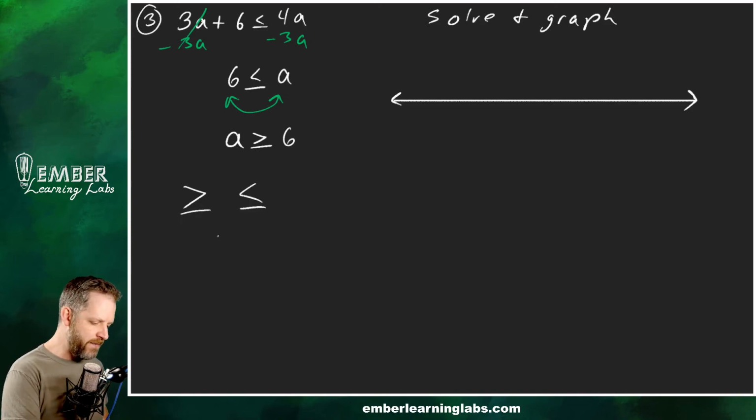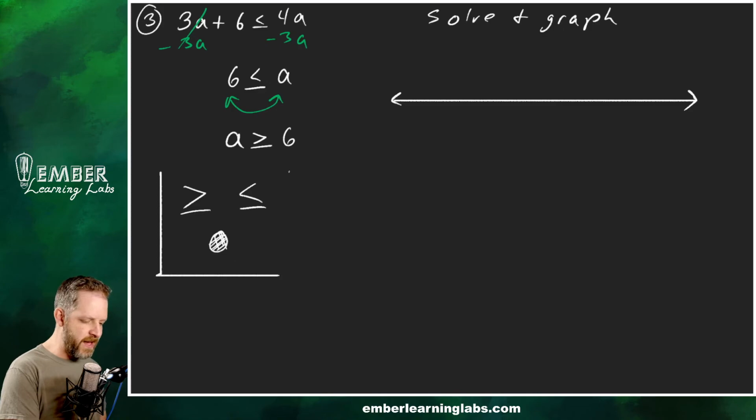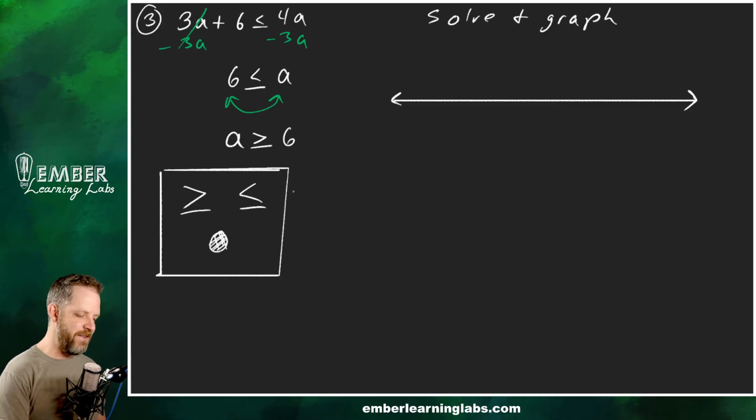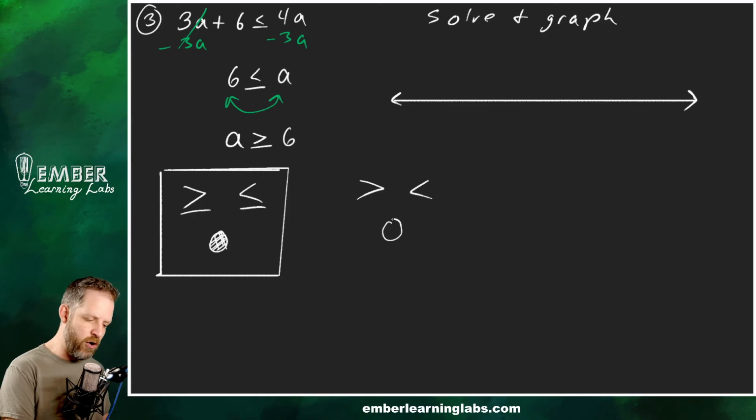We mark the number on the number line with a solid filled-in circle. If it is just greater than, or just less than, then we do an open circle. This one is or equal to, so we're going to fill that circle in.